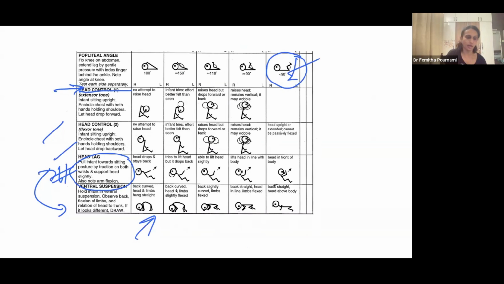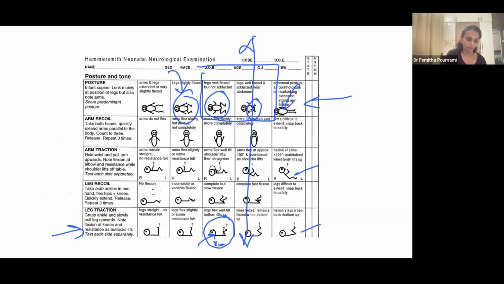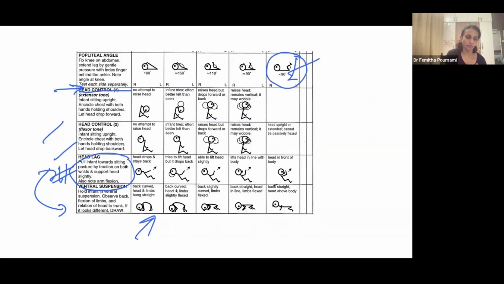At the same time, if you find a leg traction which was here, and your popliteal angle sitting here, it's okay. So you do not want a popliteal angle to be more than 1 column to the right of a leg traction. Okay, so that's done.